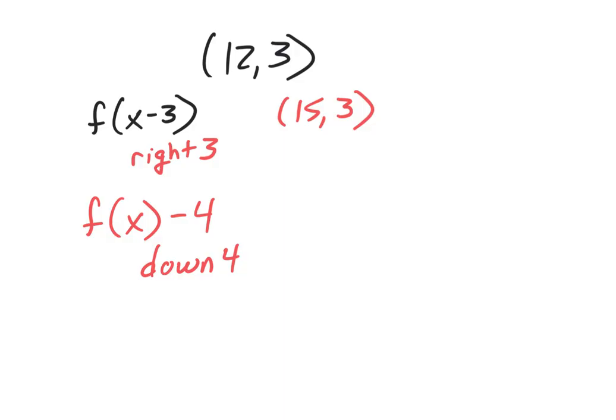I'm going back to the original. I'm not starting back here again. If I move this point down 4, the X value will not change. My 3 is going to go down 4, which would put us at negative 1. So there's only one change taking place, so only one value is going to change, okay? I could put in 2 changes here, and so then maybe X and Y would both change.